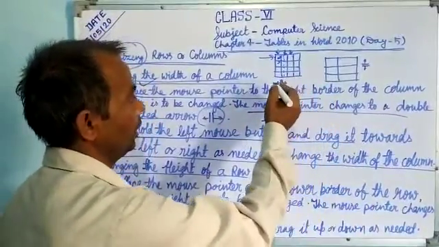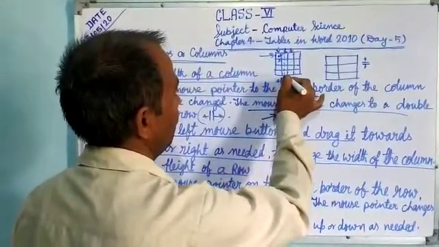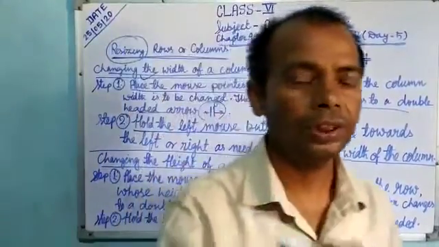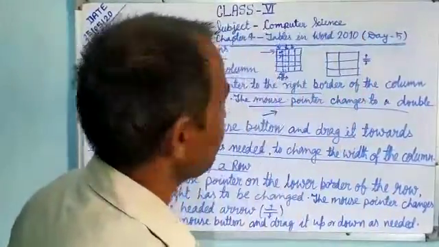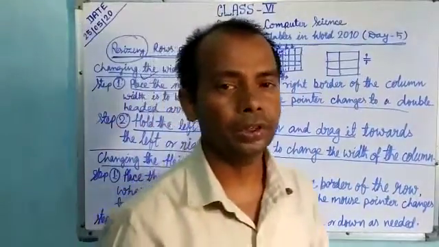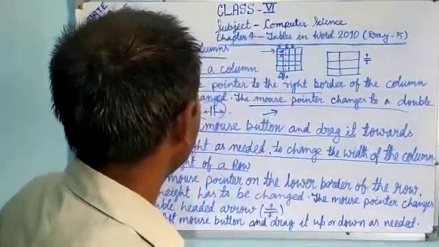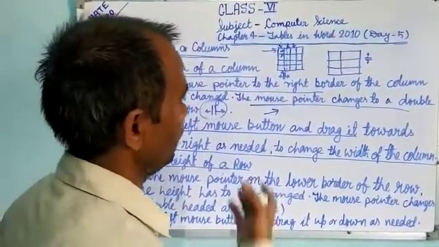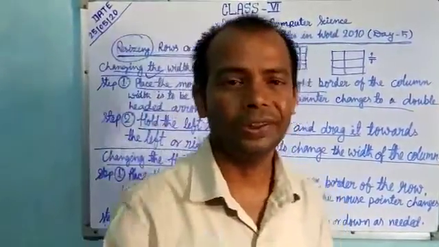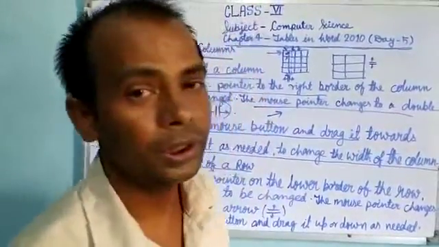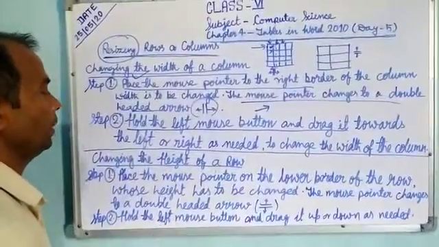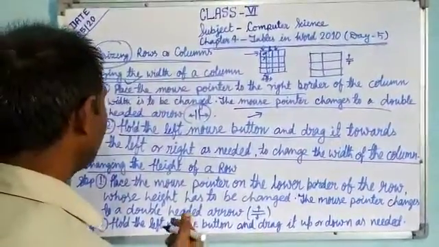Whenever we push this towards left, its width is going to decrease, and whenever outward, the width is going to increase. So according to our choice, either we want to decrease the width of the column or increase it, we can do that. We have the facility like that.